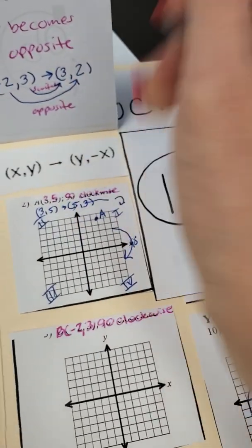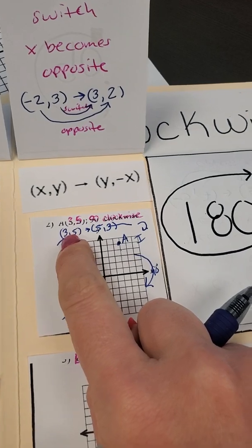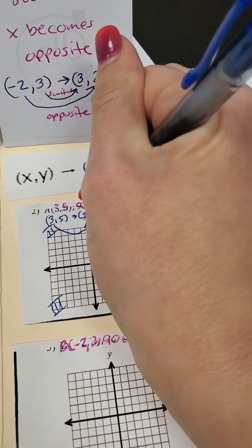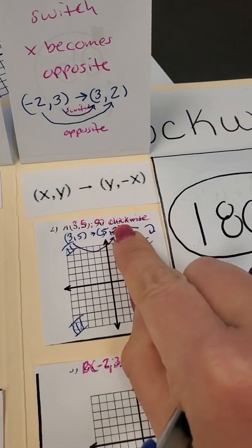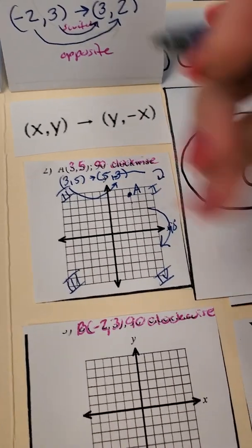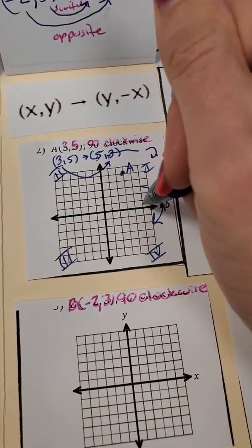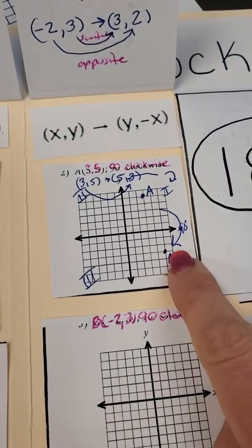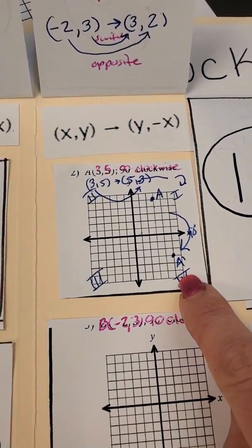So it's going to be 5, 3, and then that x value is going to turn into its opposite. So it's no longer going to be a +3, it's going to turn into a -3. So now when I plot this, I'm going to plot 5, -3. So I'm going to go right 1, 2, 3, 4, 5, down 1, 2, 3. And you'll notice that your A prime is in quadrant 4.